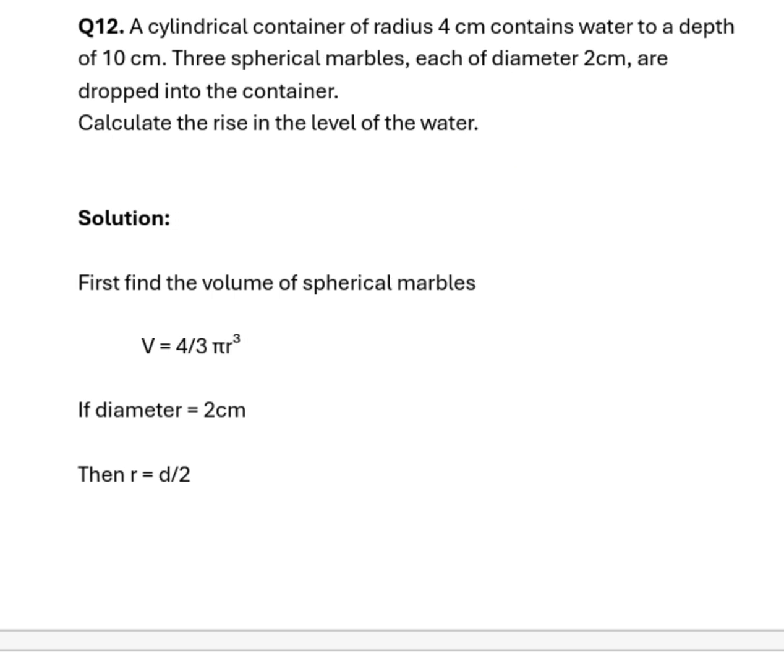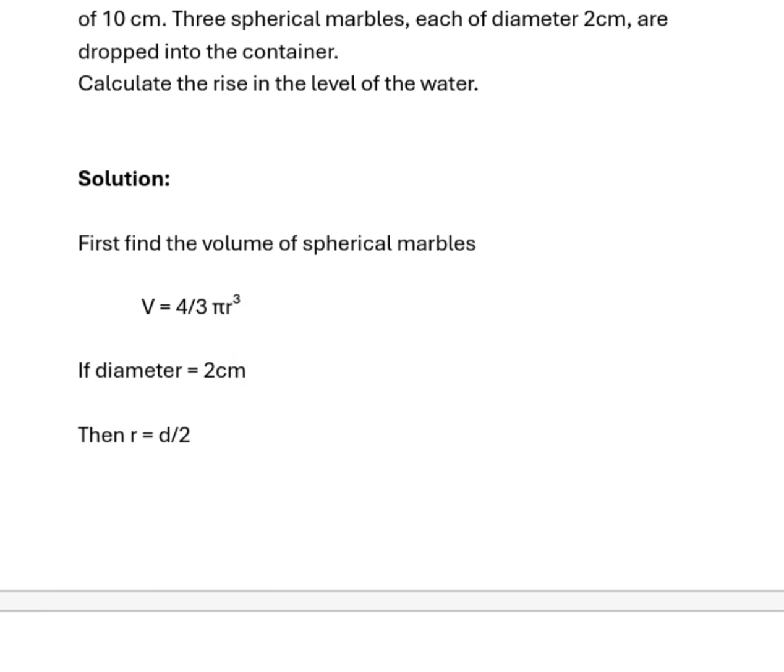In question number 12, we are given the radius of the cylindrical container, which is 4 cm, and it contains water to a depth of 10 cm, and three spherical marbles, each with a diameter of 2 centimeters, are dropped into the container, and we have to calculate the rise in the level of the water.